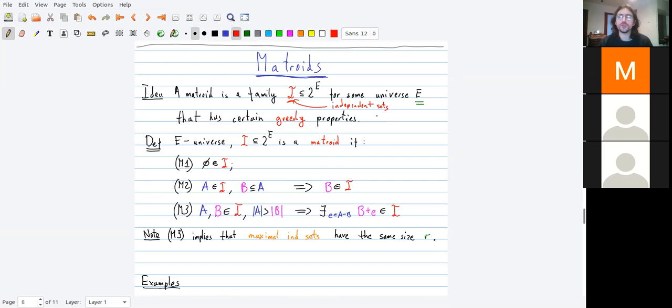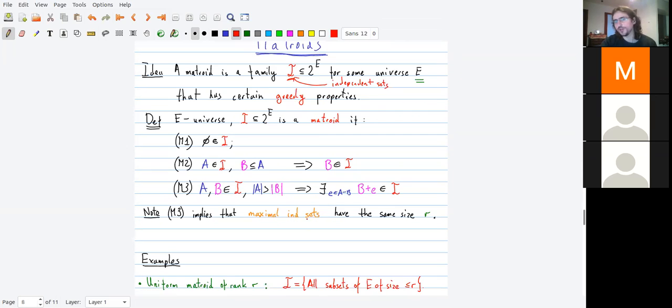And the intuition behind matroids is that they sort of encode the greedy properties of this family I. And greedy also will become clearer in a moment. So obviously, it's not just any family of subsets of the universe that is a matroid. This family needs to satisfy certain axioms of a matroid, and here are the axioms.